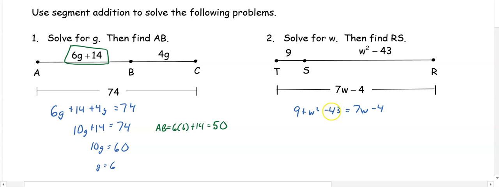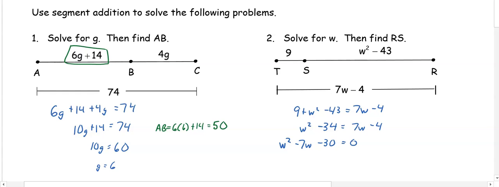When we combine like terms, we get W squared, and then we can combine the 9 and the negative 43, so minus 34 is equal to 7W minus 4. Because there's a W squared, this is going to be a factoring problem. So we want everything on the W squared side, and we get W squared minus 7W minus 30 is equal to 0.